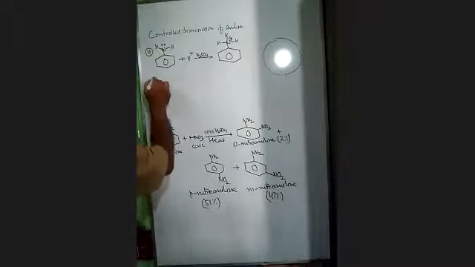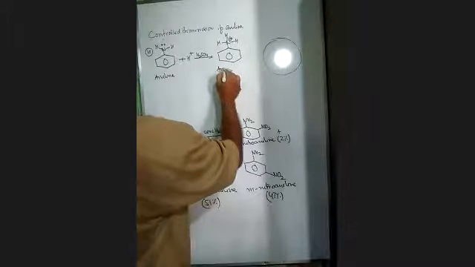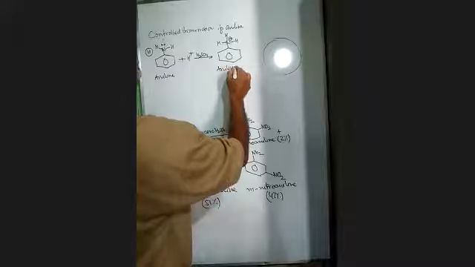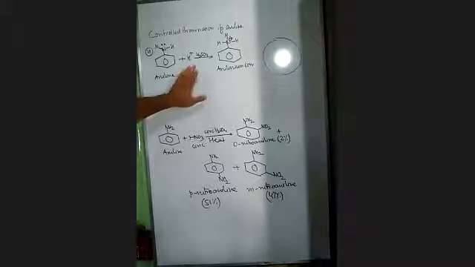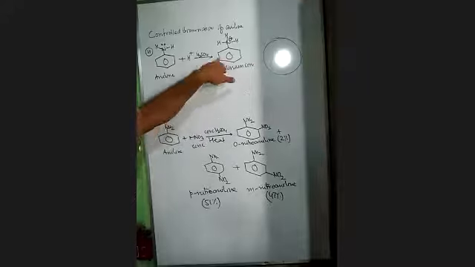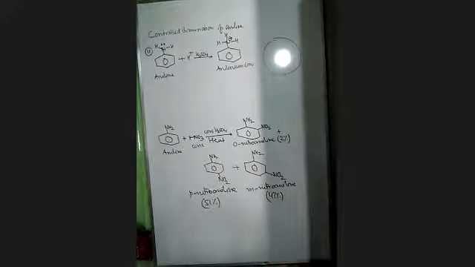So this is aniline and this is anilinium. If I write the complete equation with sulfuric acid, one hydrogen from sulfuric acid will come here and you will get anilinium, and the anion will be HSO4-, anilinium hydrogen sulfate. That is the first reaction we have written.